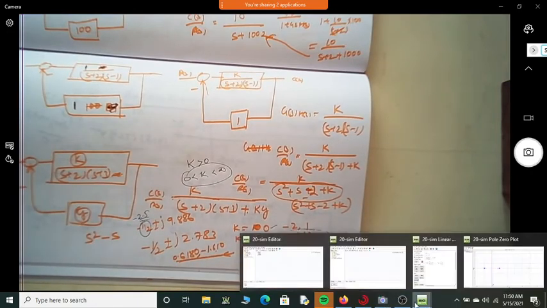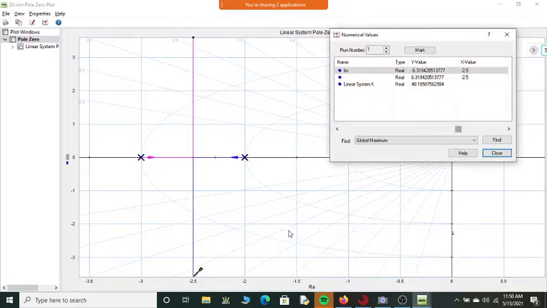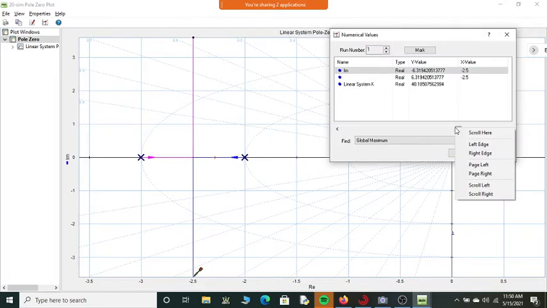That is seen here also. Can you see the real part is always remaining the same? Once it becomes complex, it's always minus 2.5. Correct?